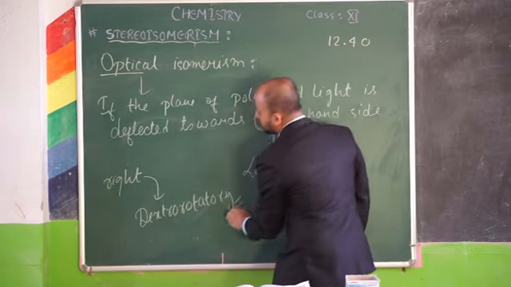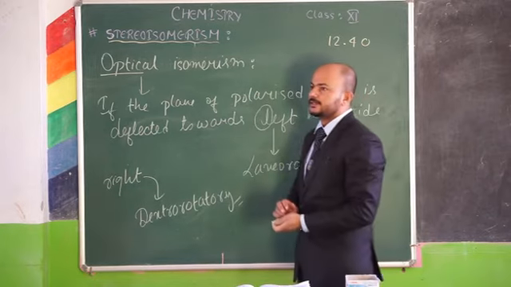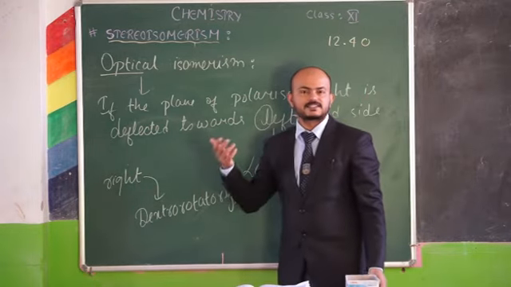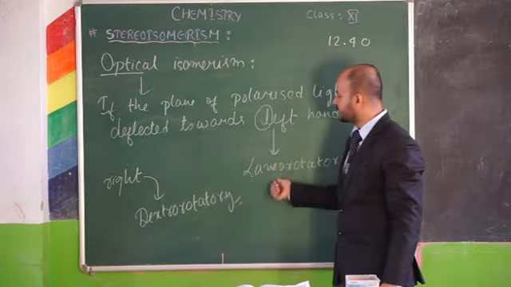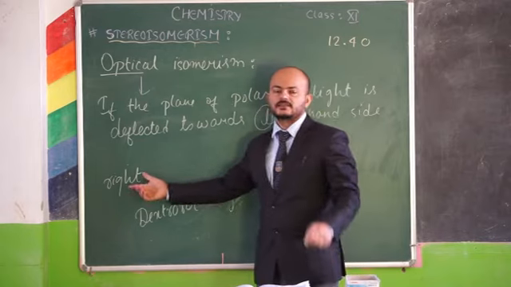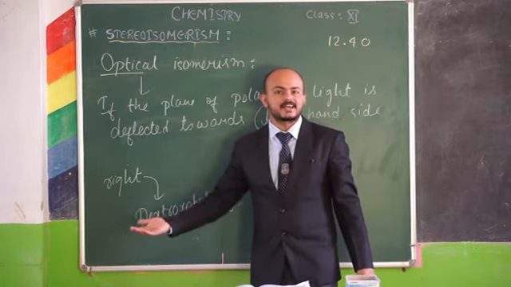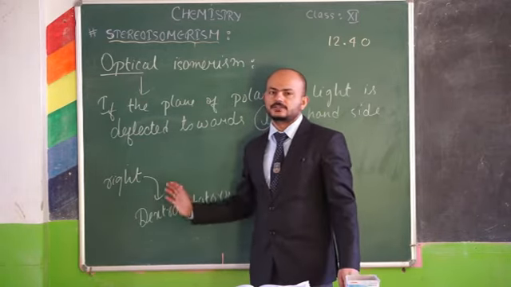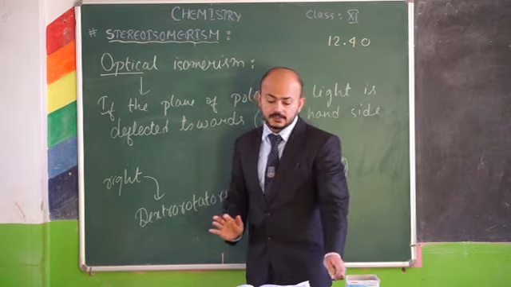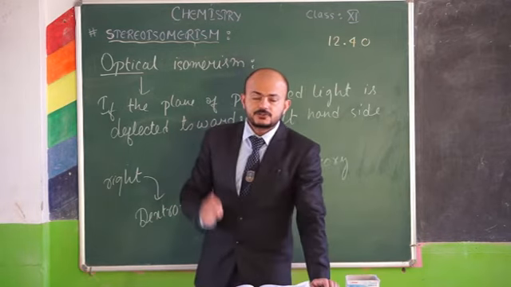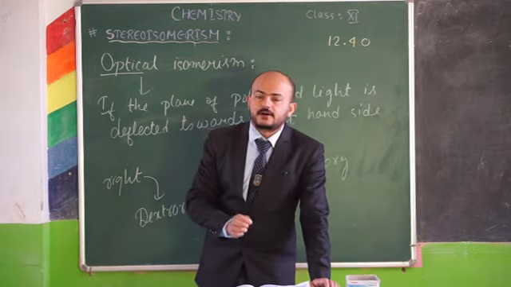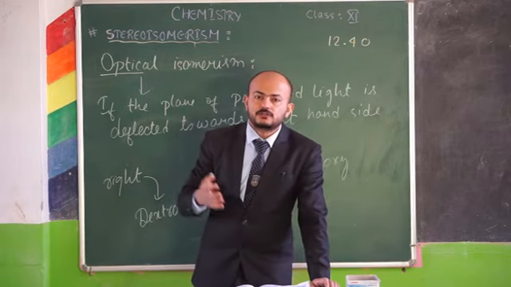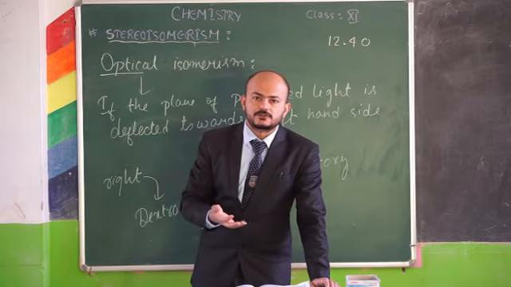Very simple. Whenever you are confused, left starts with L, so levorotatory, then there is only one possibility towards the right hand side, and that has to be dextrorotatory. So remember this much. Now, from this particular section of optical activity, you have to learn about the specific rotation also.